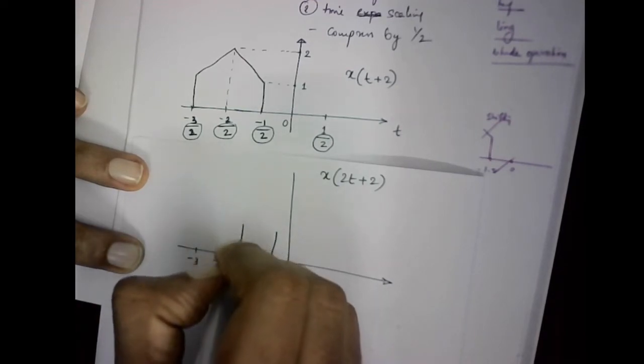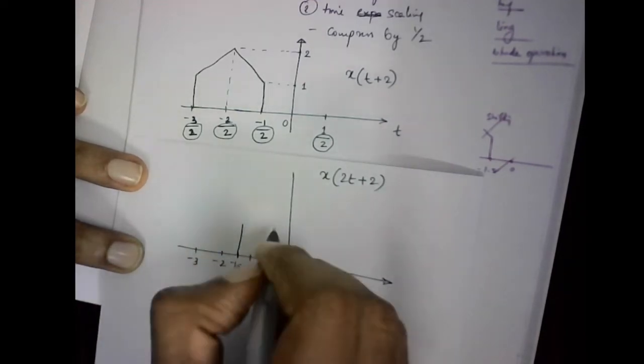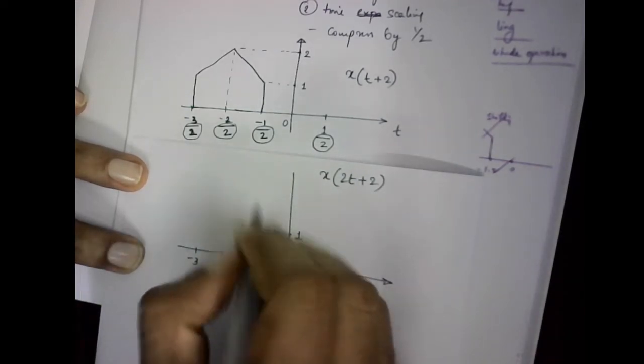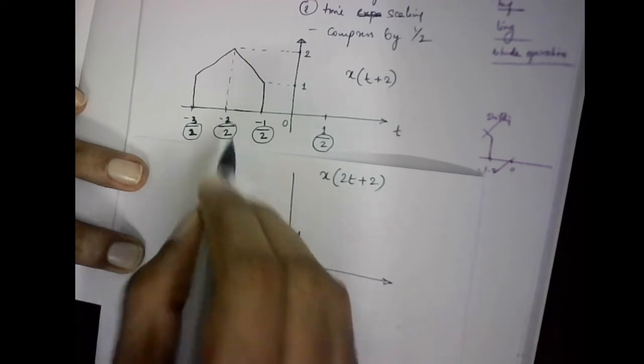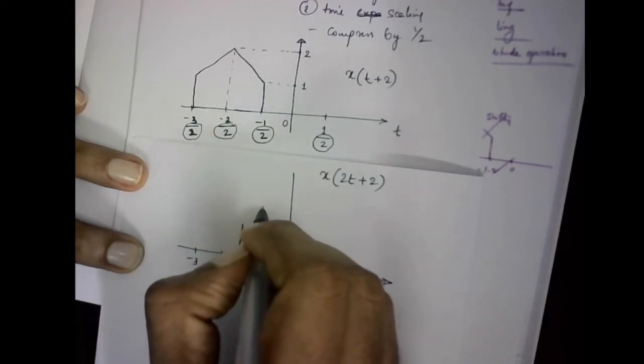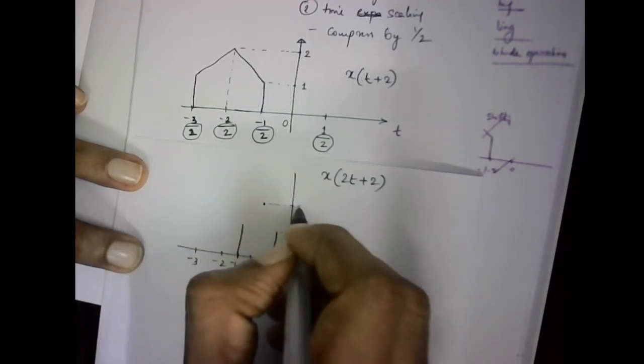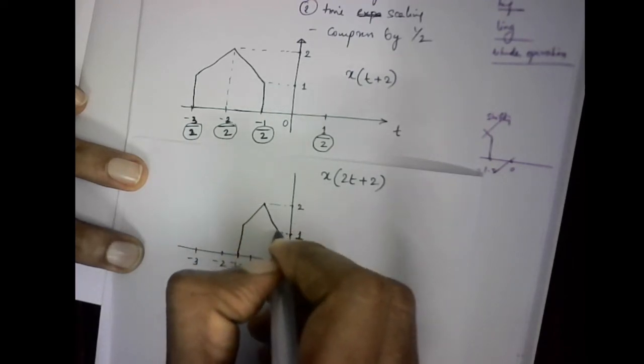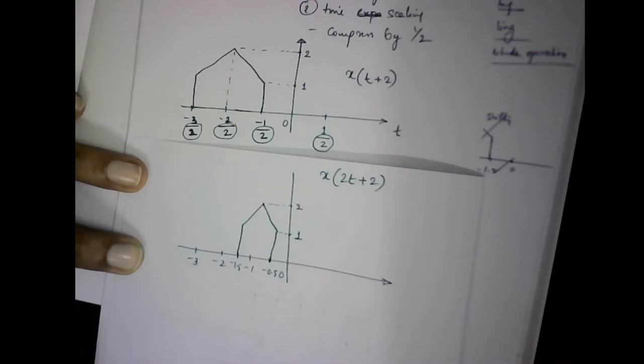So here the signal will be like this, and the amplitude remains the same. So it is 1 here, and 2 by 2 corresponds to 1. So at 1 it will be of amplitude 2. Okay, so this will be the signal x of 2t plus 2.